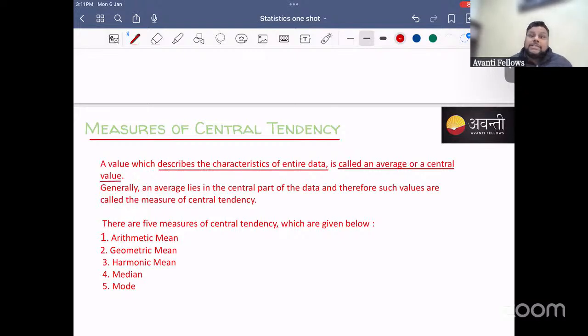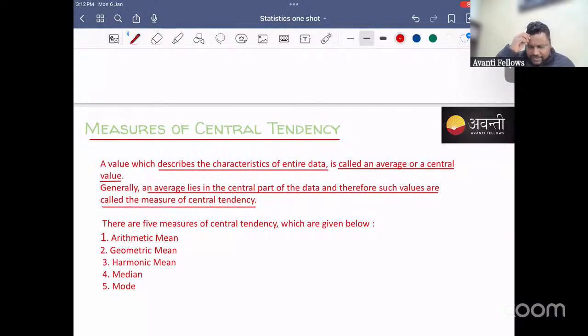Got it? By seeing the average of a cricketer, we generally judge how good a cricketer he is. Or the average number of wickets taken by a bowler, we judge how good a bowler he is. Generally, an average lies in the central part of data, and therefore such values are called the measure of central tendency.